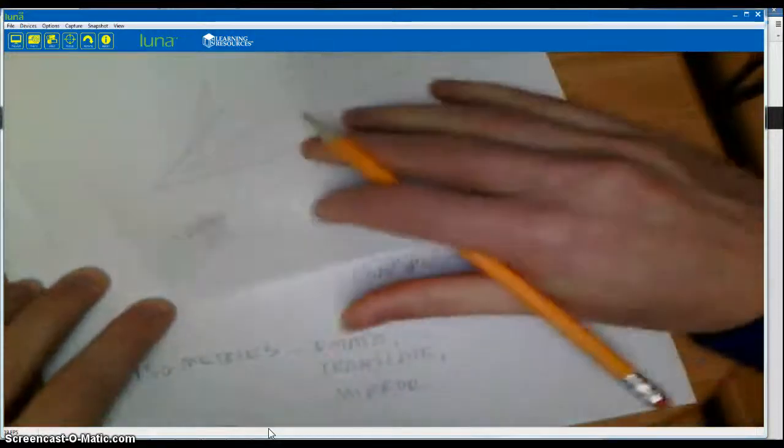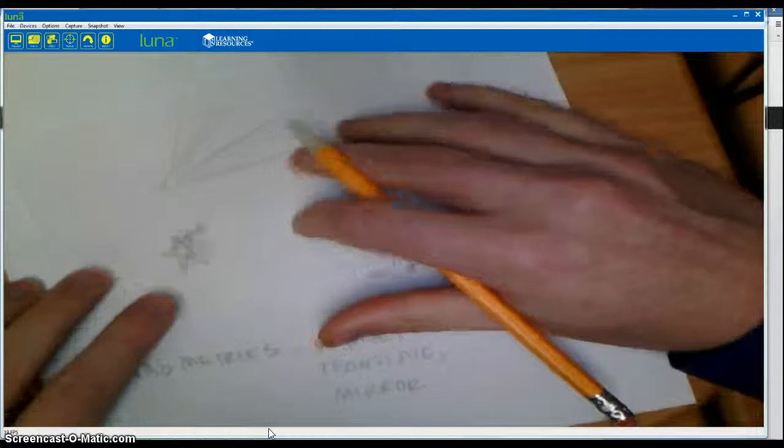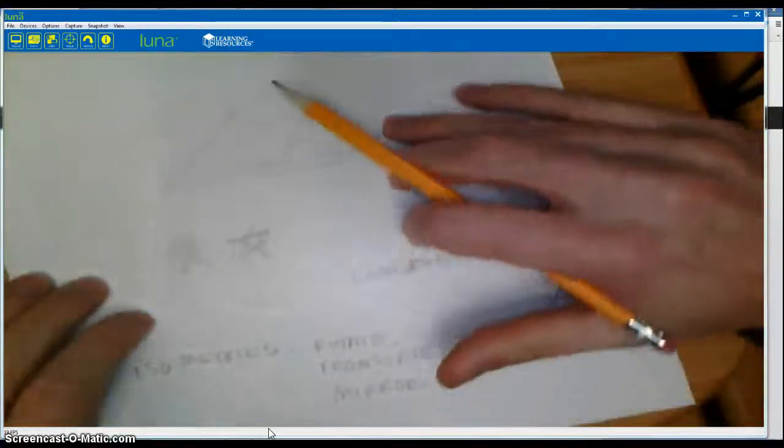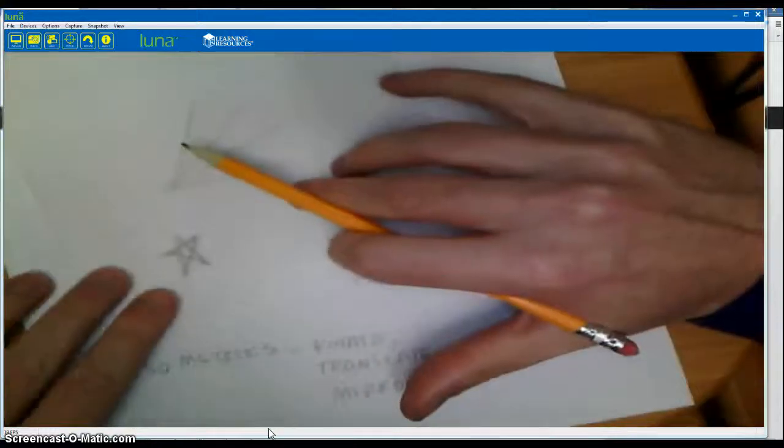Okay, so these two stars are congruent, but you might see some stars and say, oh, well, that star's fatter than that star. Well, they are still congruent. I just have to turn it the right way. So this is a rotation and a translation, and I get that.